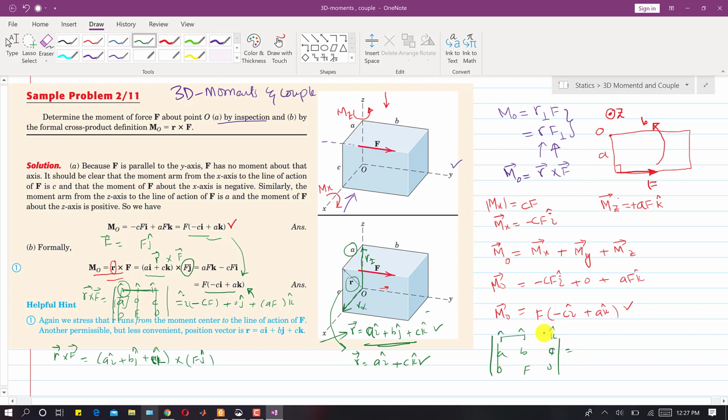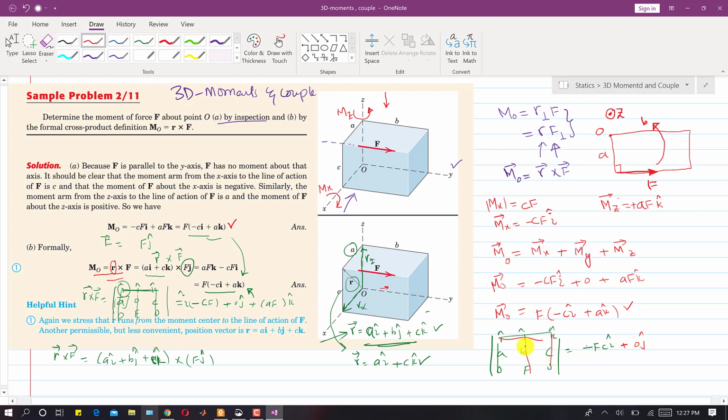Again I will hide this and this, so this is B into 0 and F into C, and this is i. So B into 0 is 0, and this will be minus FC, so I will write minus FCi, right? Now I will hide this, and we are left with A into 0 and C into 0, so again the J component is 0.